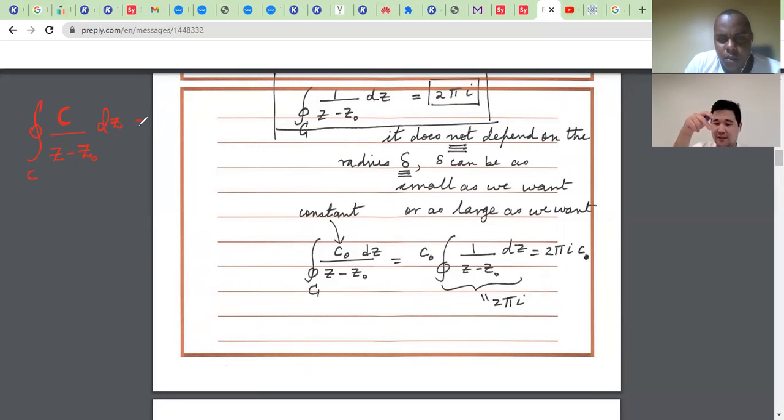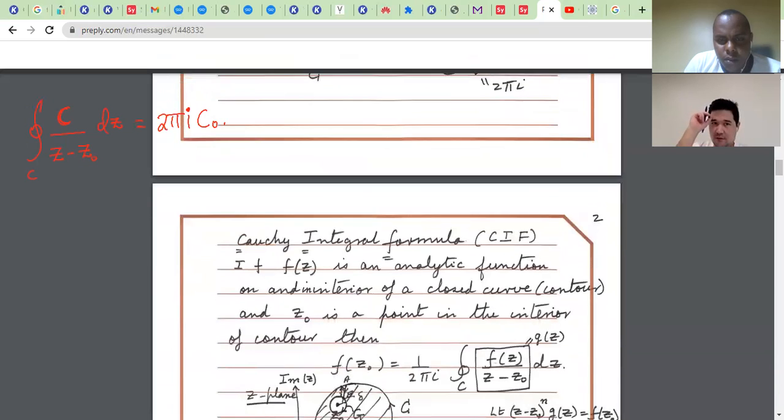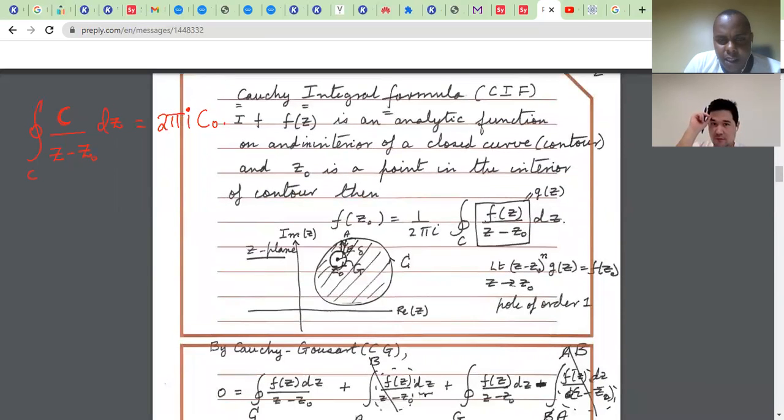But in the Cauchy integral formula, they said that the function is analytic at every point on the curve and inside of the curve, but they have a point z naught inside of the curve where the function is not analytic. Then we use this formula, right? Did I understand it?